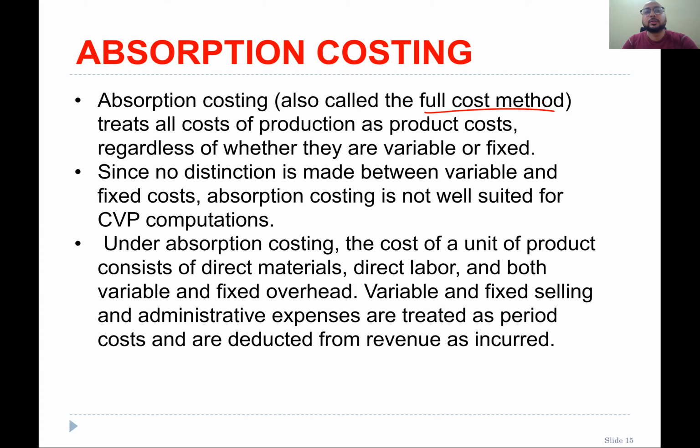So absorption costing treats all costs as product cost, regardless of whether they have a variable nature or a fixed nature. Everything is included in absorption costing, just like the average method. You take all the cost and divide it by the number of units, and you find the absorption cost.